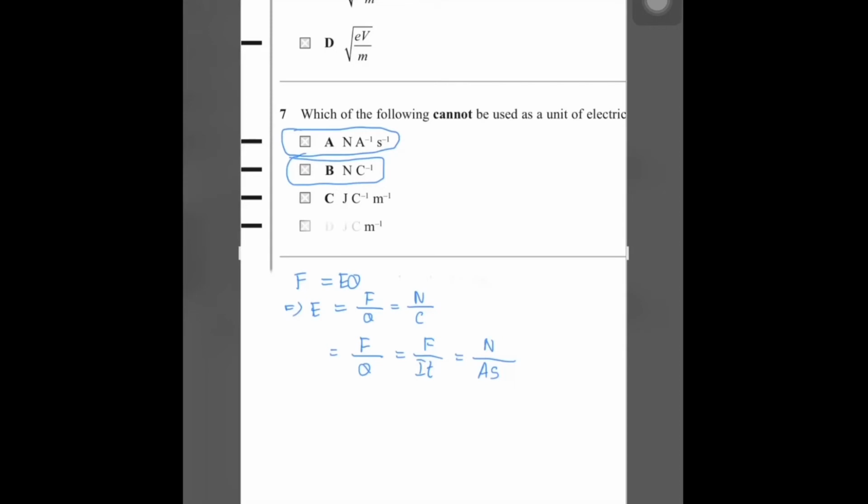For C, we have another formula, Ek equals VQ, where Ek is the electric potential energy per unit charge, and this is in joules. And we have another formula, which is E equals V by d, so we'll have V equals Ed.